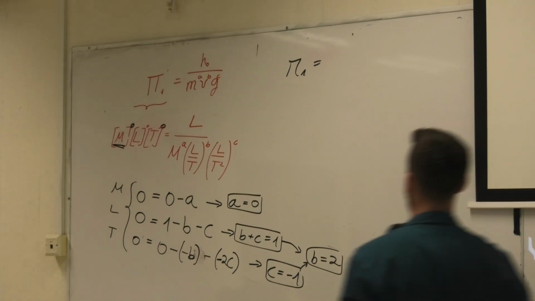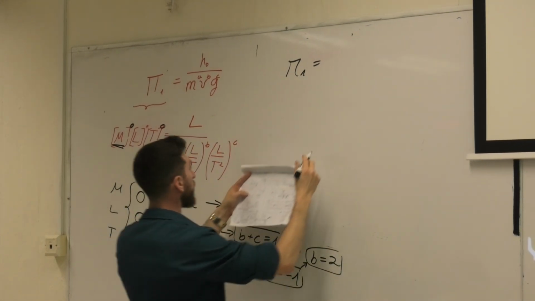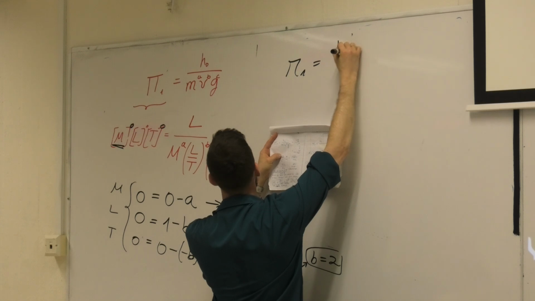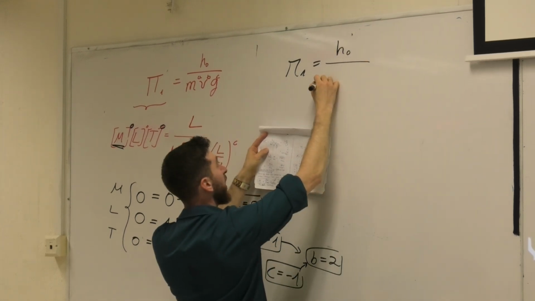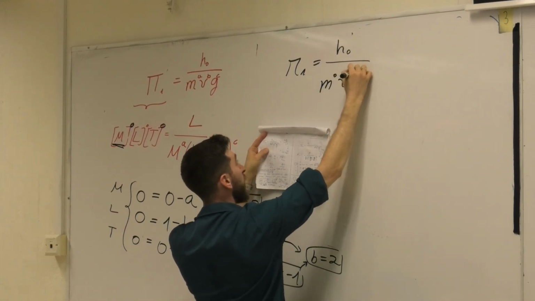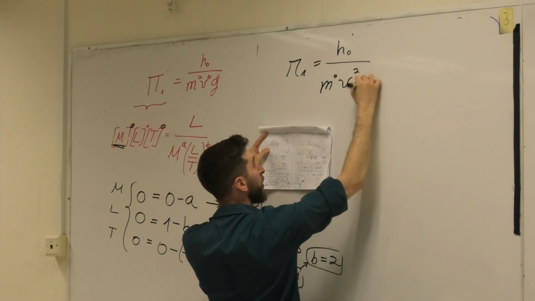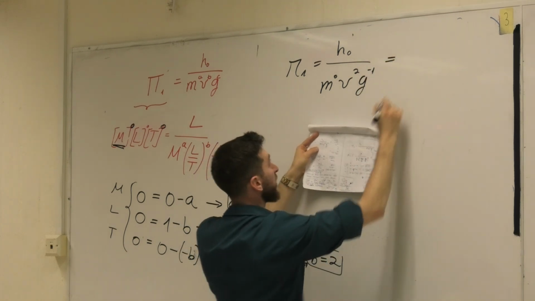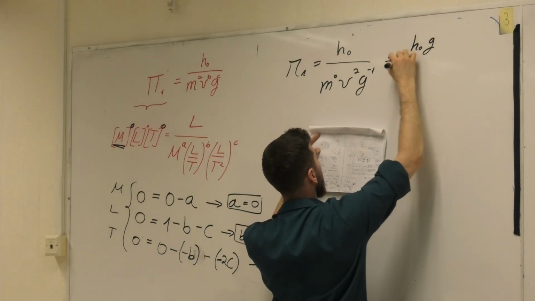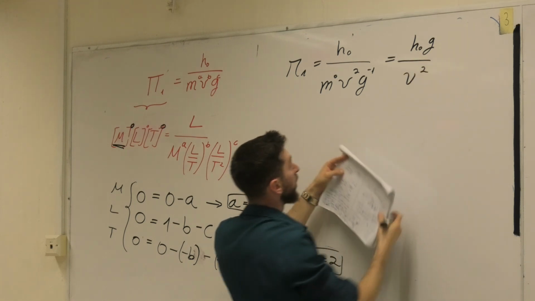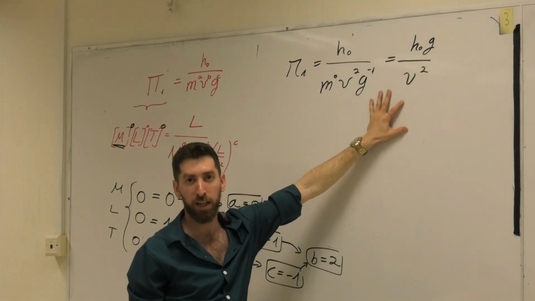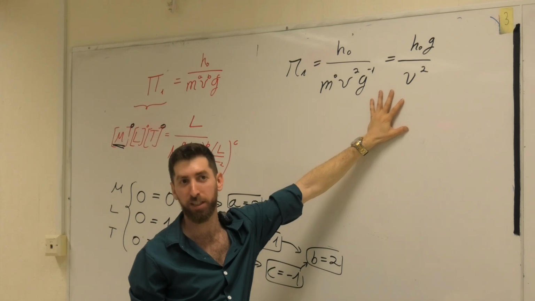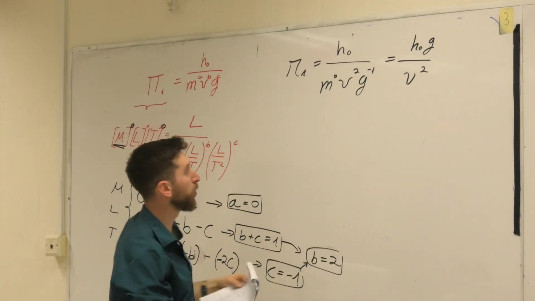Okay. So pi 1 equals what? h0 divided by m to the power of 0, v to the power of 2, g to the power of 1, and we can write it nicely packed as this. This is unitless, and I don't have a clue what this represents. But I want you to look at something.